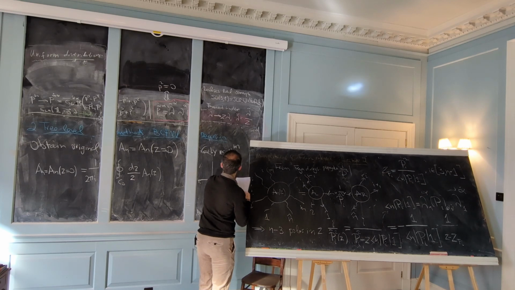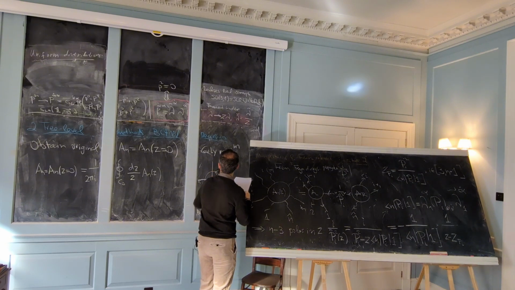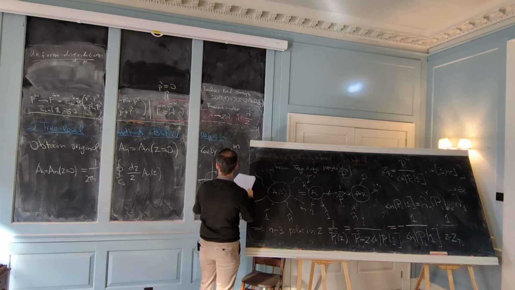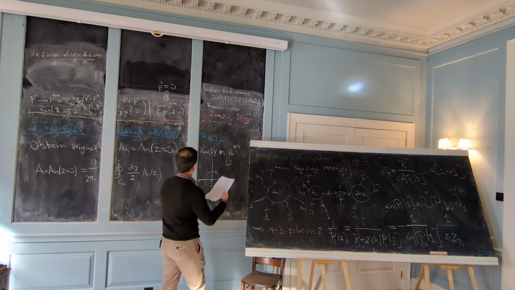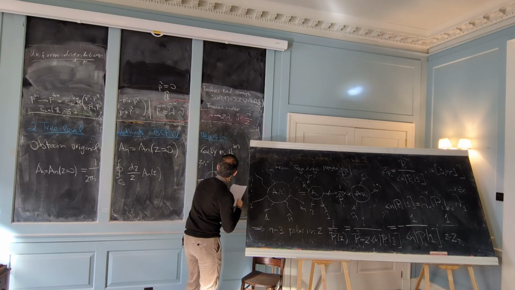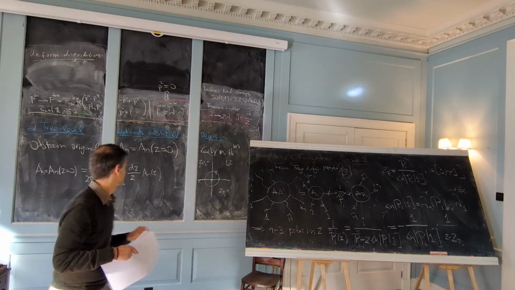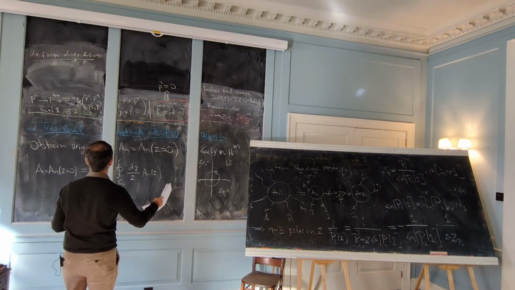So if this is the z plane, the complex plane, this is 0, and we take a small positively oriented curve around 0, very small, where the poles ZP1, ZP2 lie outside. Some very, very small circle around 0.